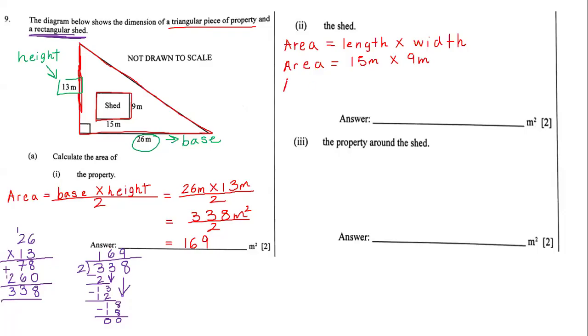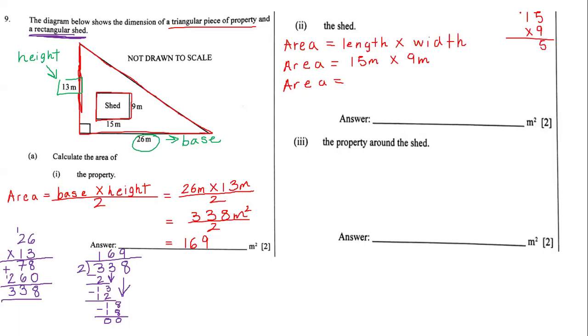So the area, therefore, is going to be equal to 15 times 9. That's 135. Let's multiply it. 15 multiplied by 9. 5 times 9 is 45.